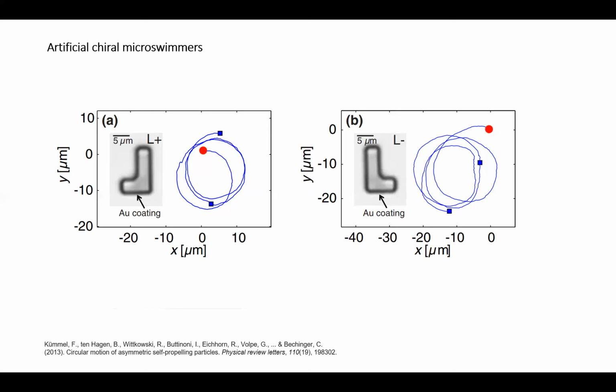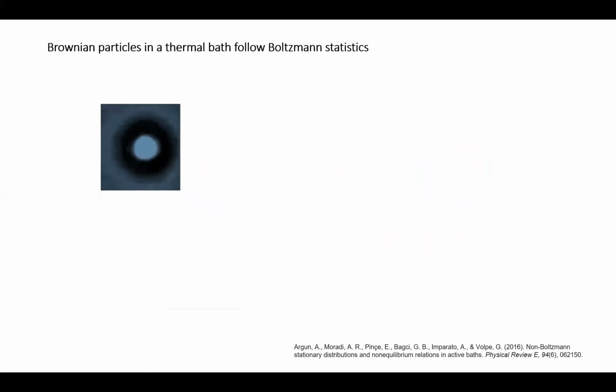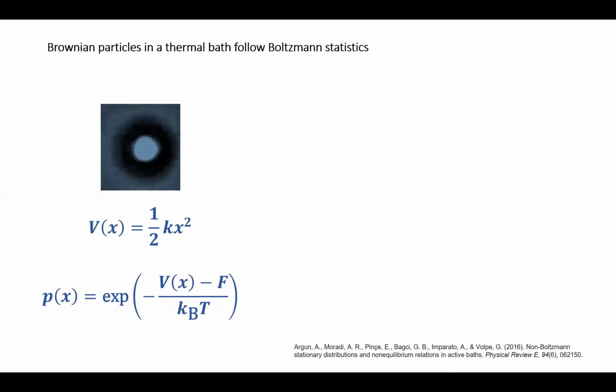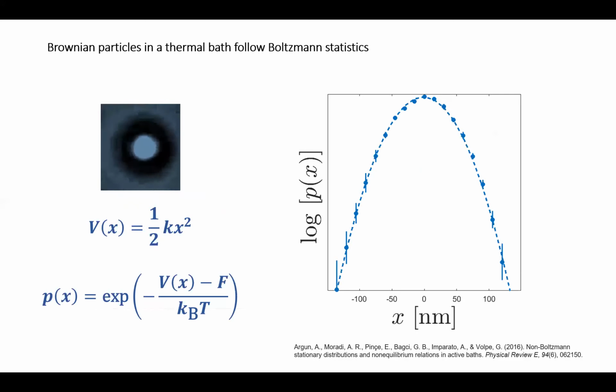Even if they are not in a flat environment, they might be trapped, for example, an optically trapped Brownian particle that is trapped with a laser. If I know the potential exerted by the laser beam, I can estimate the equilibrium distribution predicted by Boltzmann, and I can verify that.